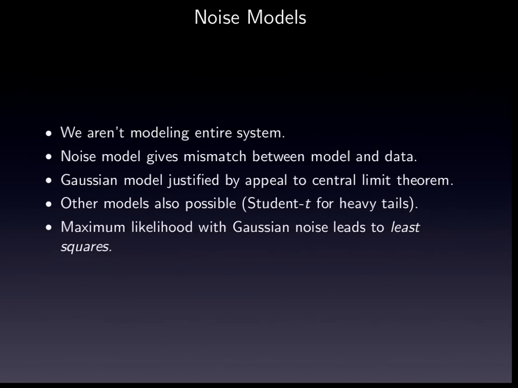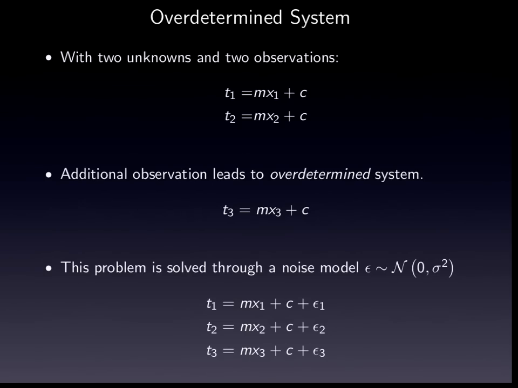The Gaussian model for noise can be justified by an appeal to the central limit theorem, but it's sometimes wrong. We mentioned student T models, and we talked about that lighthouse example. We're not going to look at those models in detail, but just know that the Gaussian model isn't the only model that can be used here for epsilon. It's just a simple model that we happen to use. The noise could even be not identically distributed.